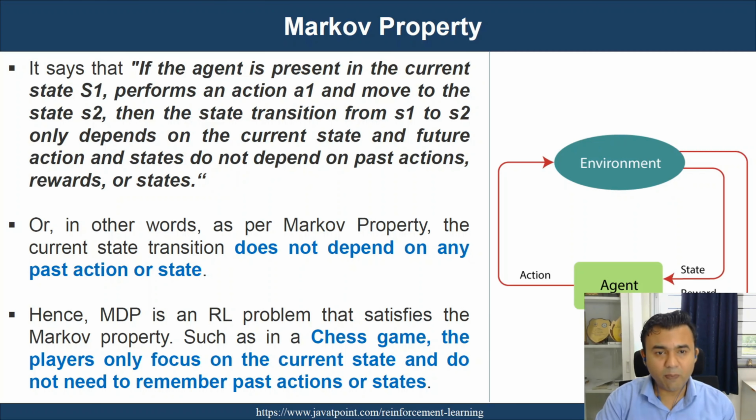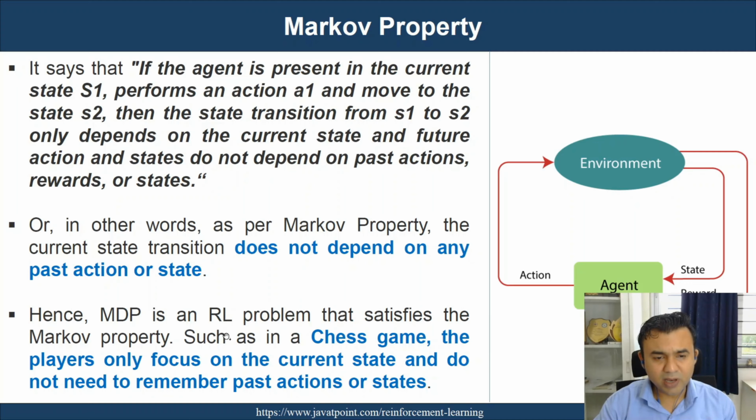Now, it doesn't depend on the past actions that have been taken. So now, based on the current actions, which I am right now in the current state, the future depends on. Or in other words, as per the Markov property, the current state transition does not depend on any past action or state. That is the Markov property.